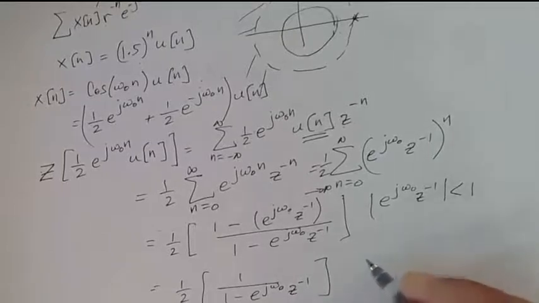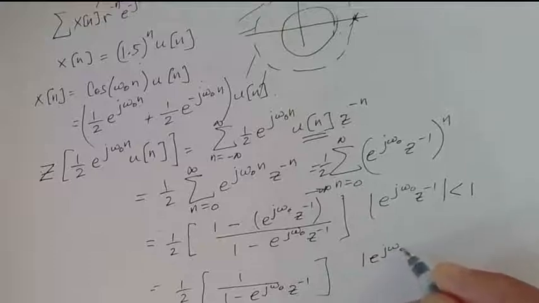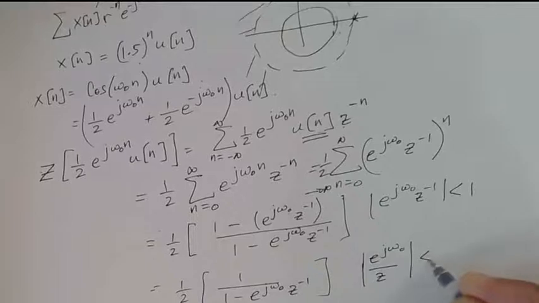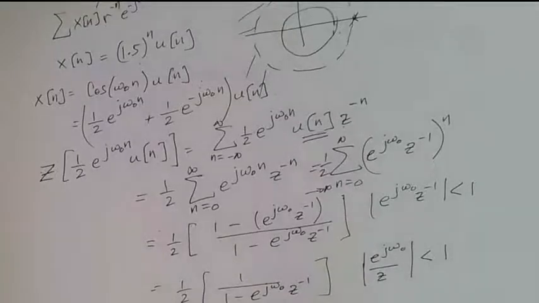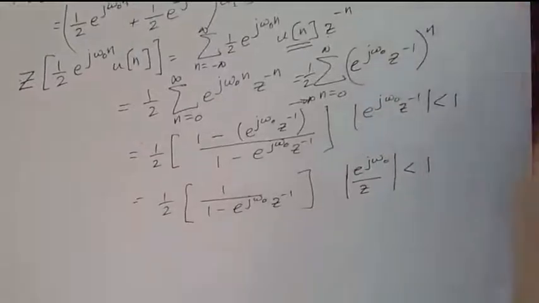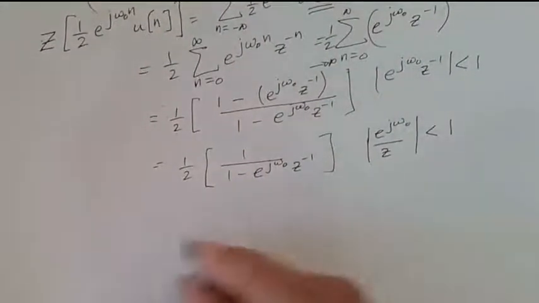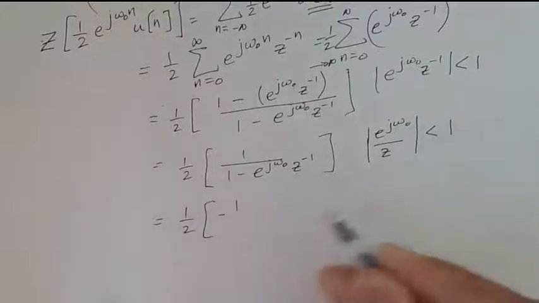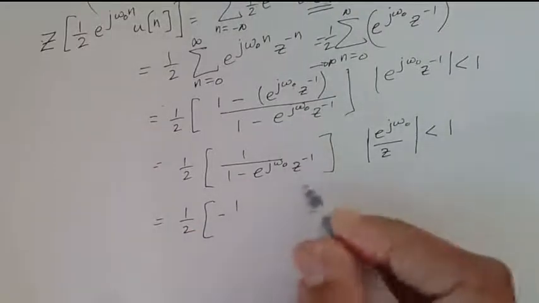And now I have magnitude of e to the j omega naught over z has to be less than 1, right? Or we have, this is 1/2 times 1 over, let me multiply top and bottom by z because I'm going to do that anyway.